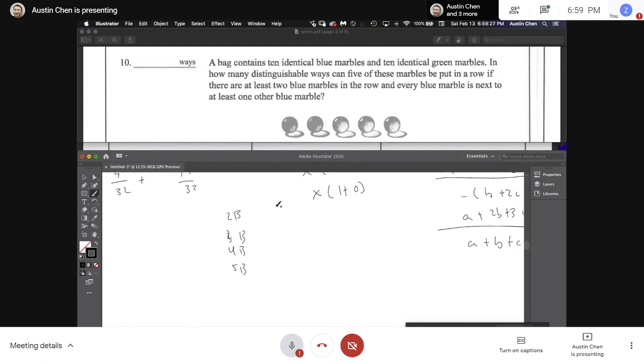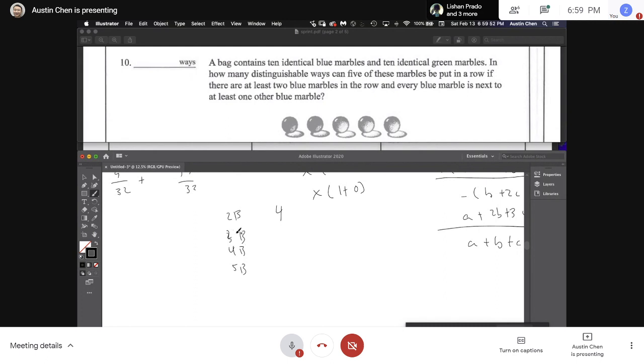So that's 4 cases, because it only matters where the blue marbles are positioned, since the rest are green no matter what and you can't arrange that in any more ways. So our 2 blue marble case just has 4 ways.